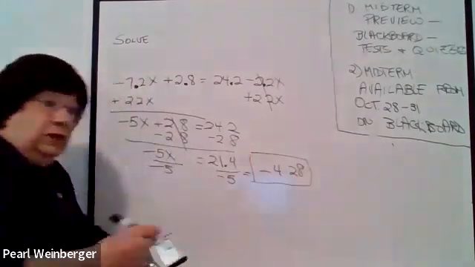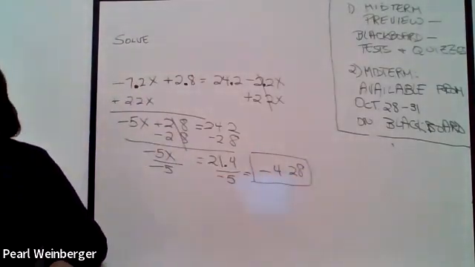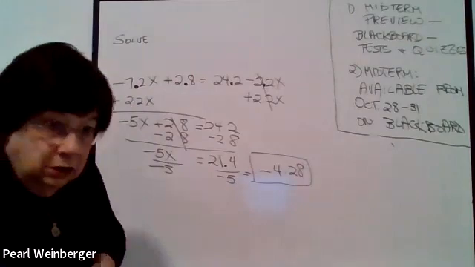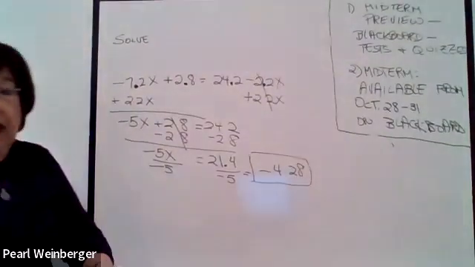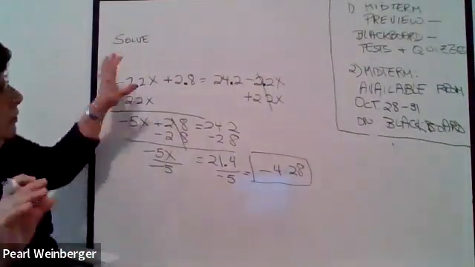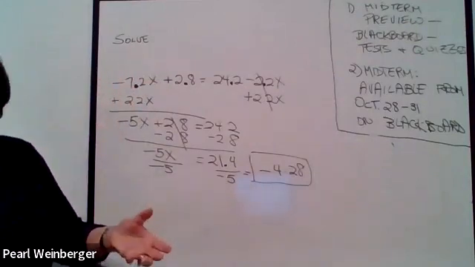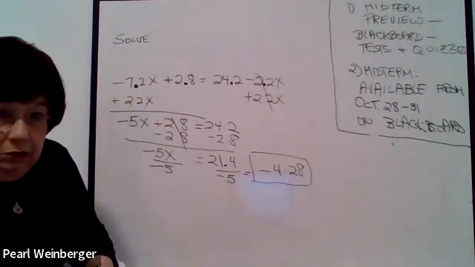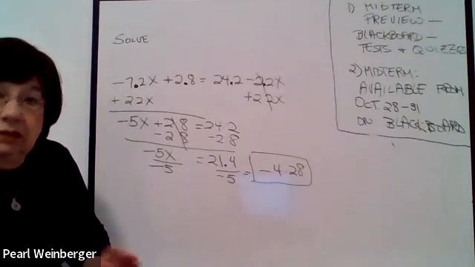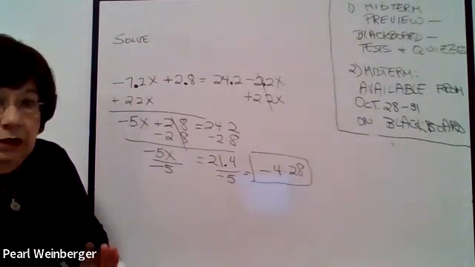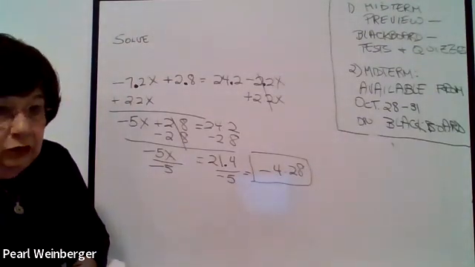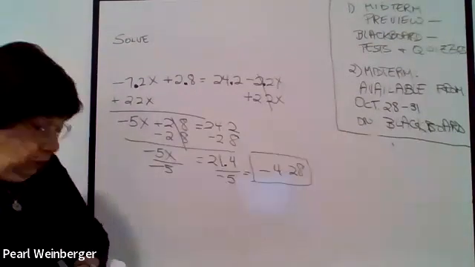I hope some people did get that answer. If there had been a parentheses, we would have first removed the parentheses using the distributive property. So this is solving linear equations. There'll be 1 or 2 questions on the midterm on that topic.